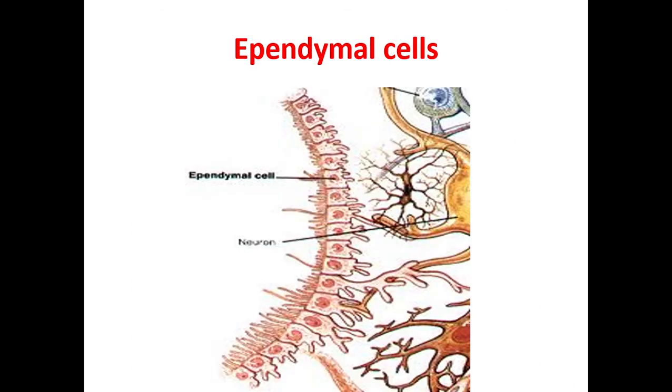So we have here an illustration of the ependymal cells. On the surface, we have the cilia, and at the basal portion, we have the long thread processes that branch. This is the part wherein the ependymal cells are associated with the other neuroglial cells, or associated with the nerve cell.